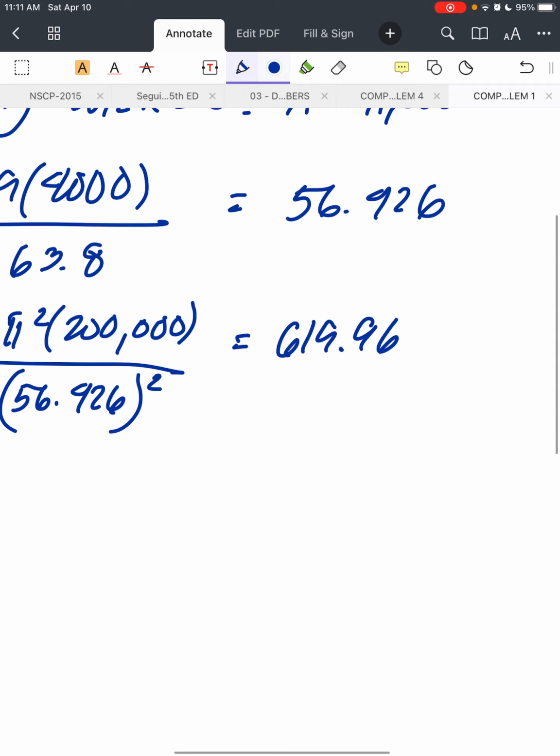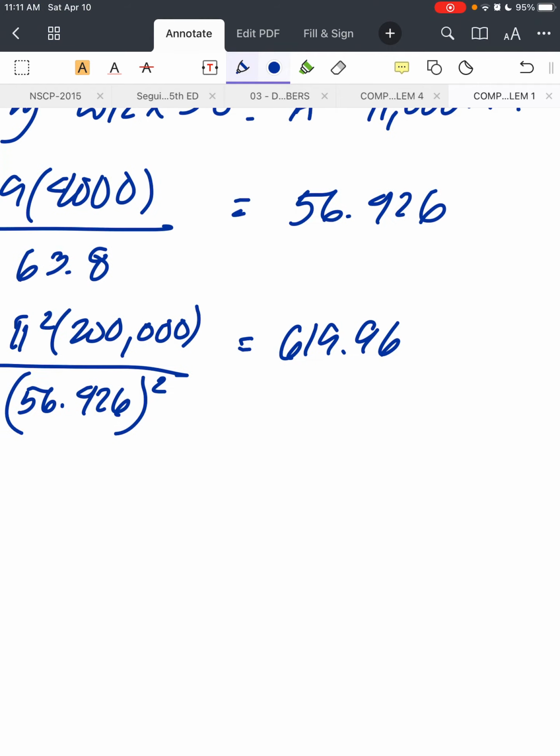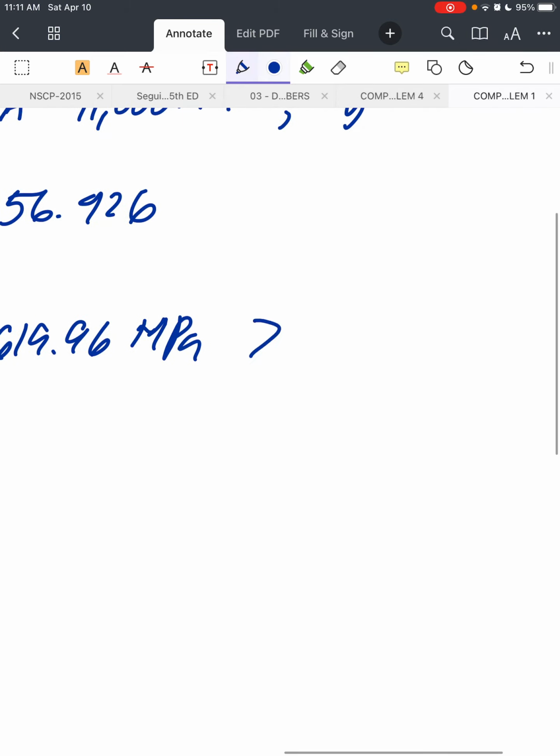So you have value for Fe equal to 619.96 MPa. And comparing this, it is greater than 109.12 MPa.